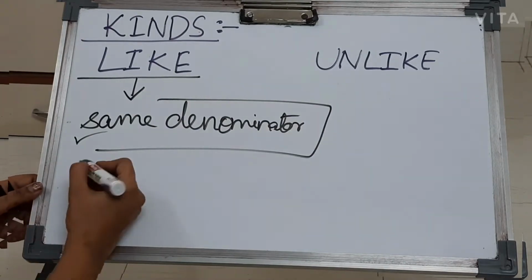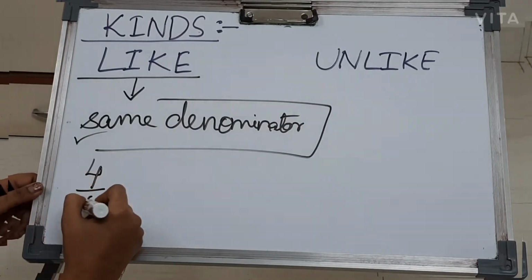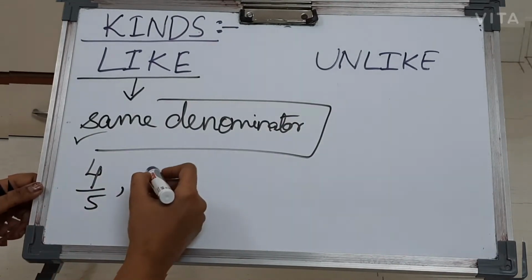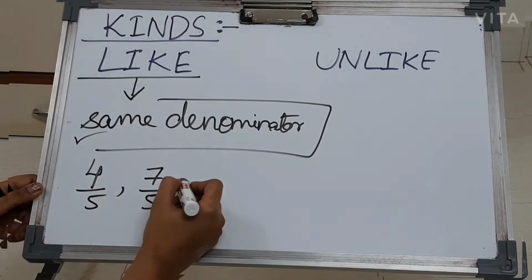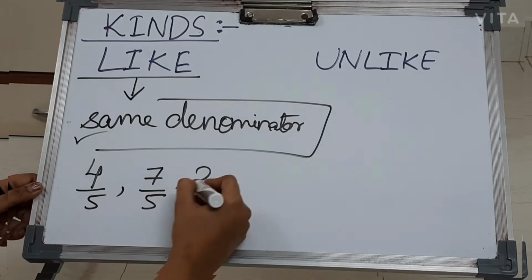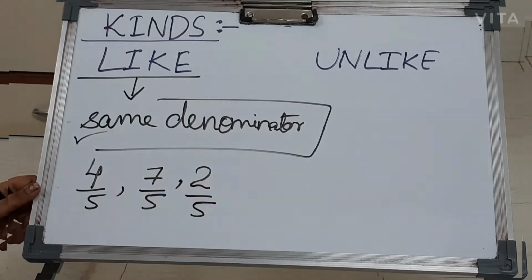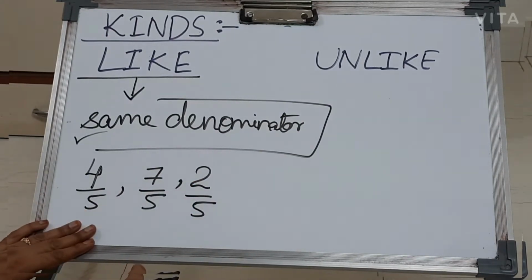It differentiates on the basis of the denominator. So like fractions are fractions having the same denominator. For example, if I take 4 by 5, 7 by 5, and 2 by 5, these are like fractions.